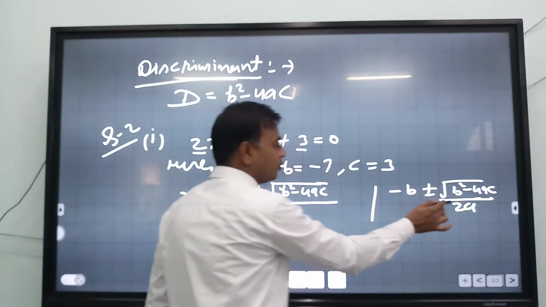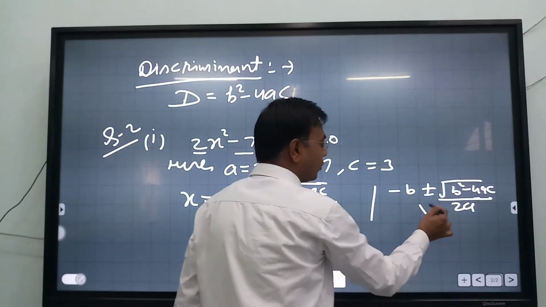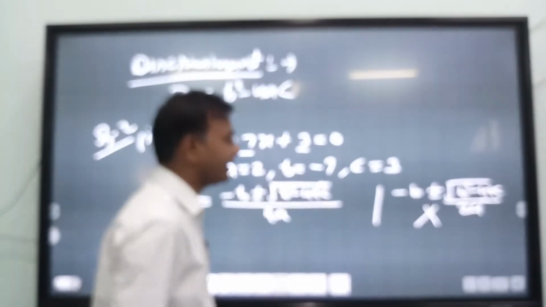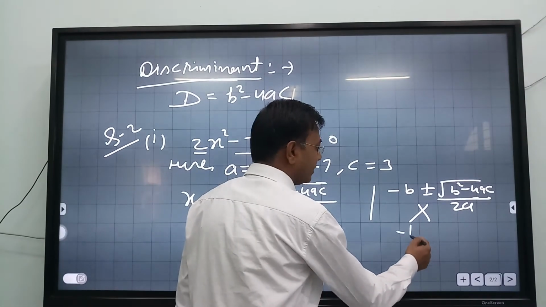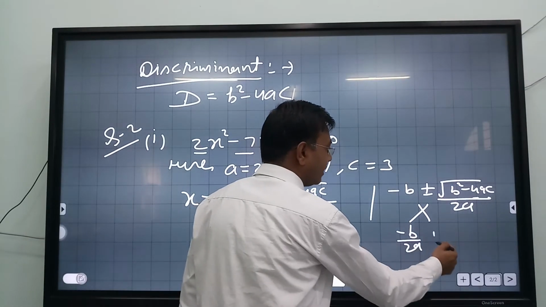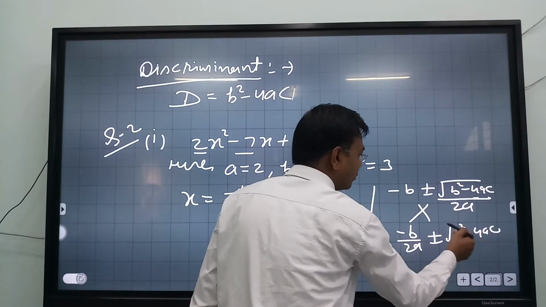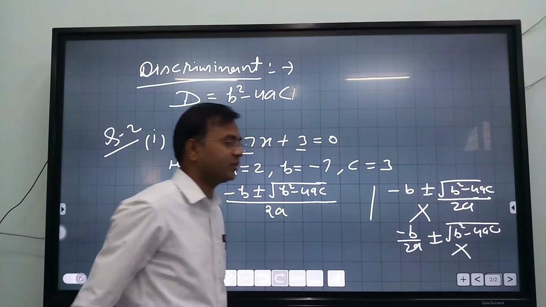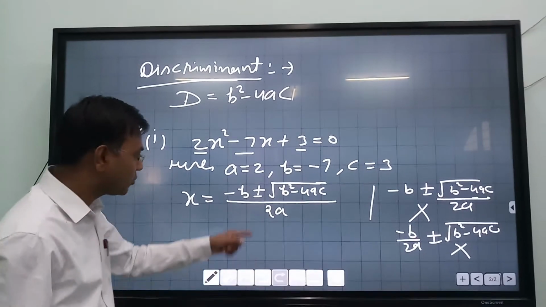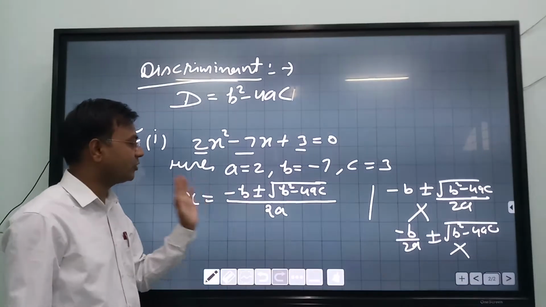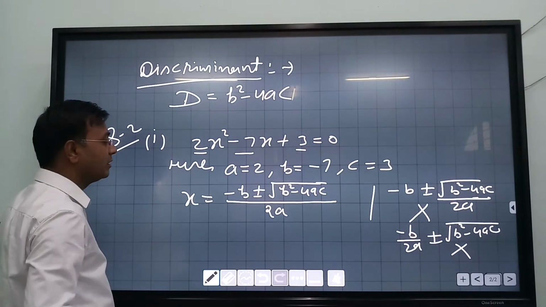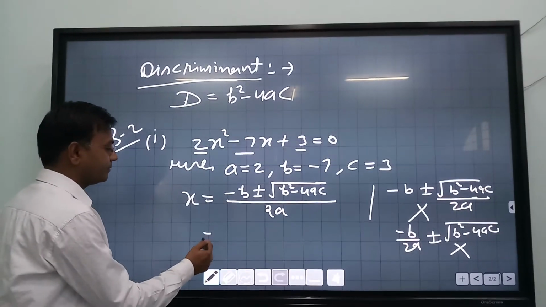It means this 2a must be written over everything. And similarly, if you write minus b upon 2a and then the square root of b square minus 4ac, this is also the wrong way to write the formula. So the correct way is this. Make sure you have written it in the correct order.